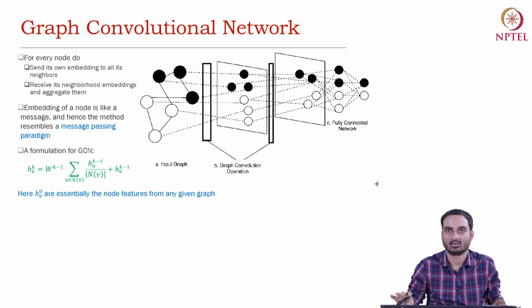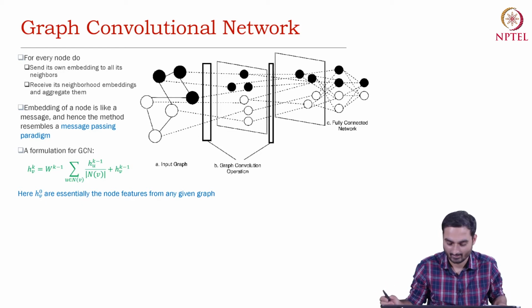Now what we will discuss today is graph neural networks, where we will see how we can incorporate the vast amount of neural network architectures that have been proposed so far for other domains like computer vision and speech, and how we can incorporate those for graph processing, graph embedding.